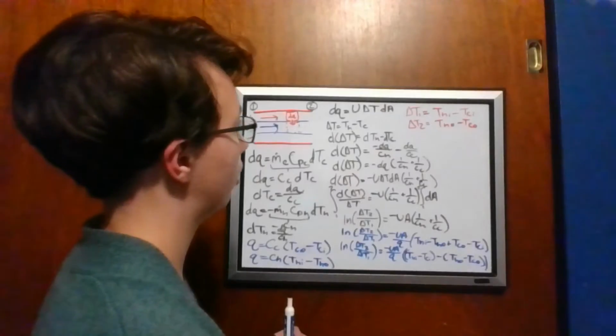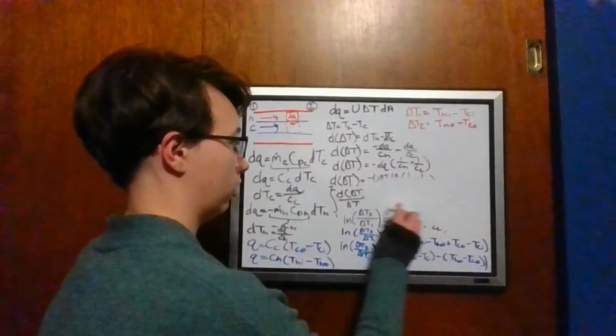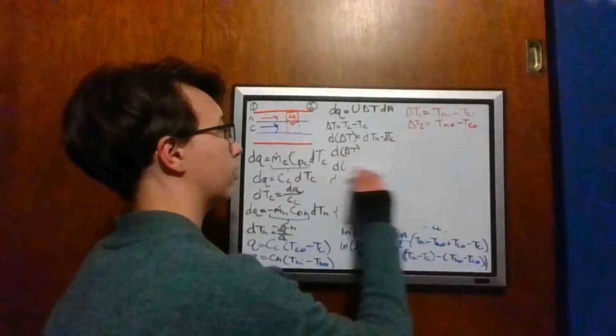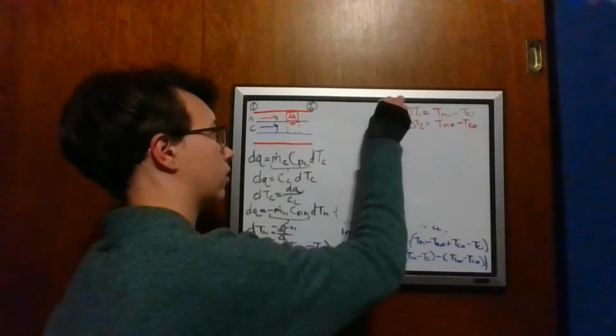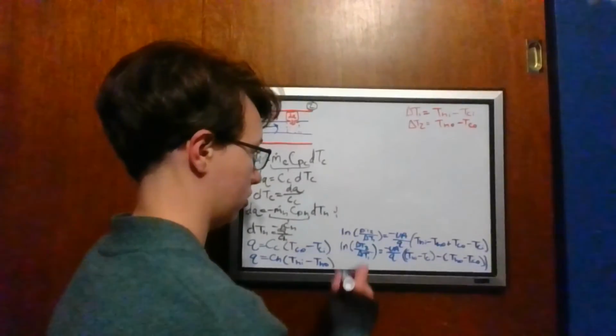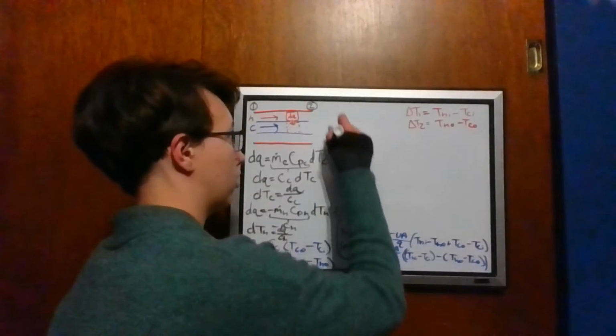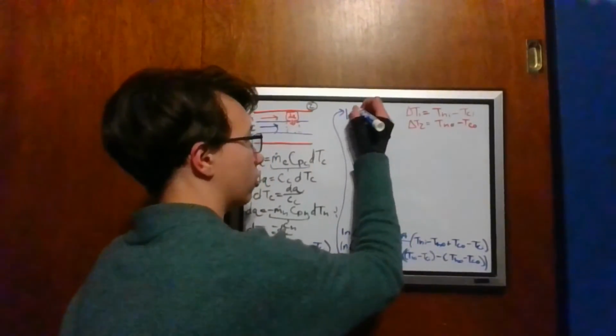I'm running out of room, so I'm just going to erase some of the stuff in the black and put it up there. So then we're going to take this to the top.